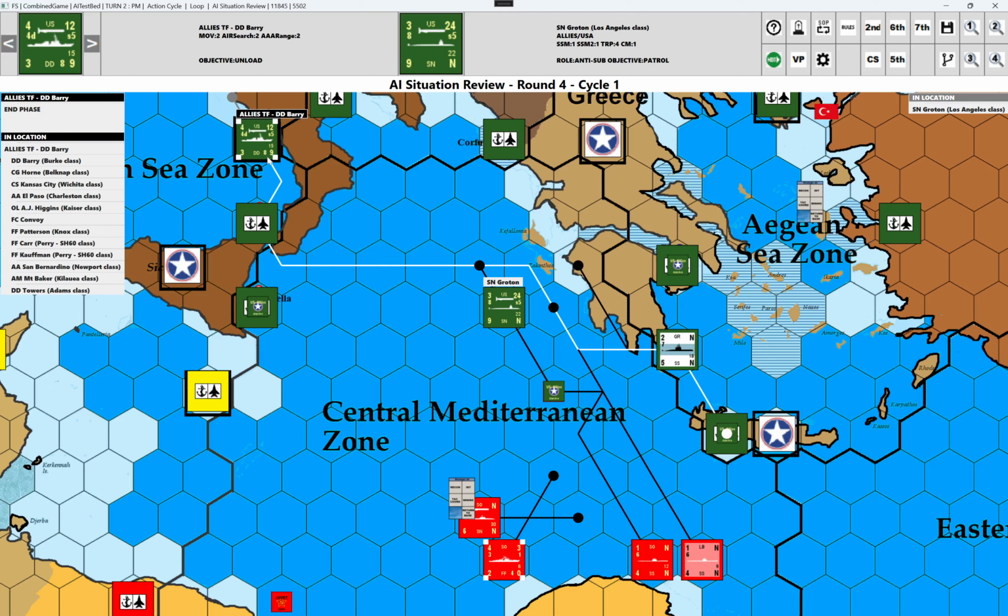And I try to keep the path on a general straight line. So if this didn't have to get around the boot of Italy, it would just go straight like that toward the place. So anyway, I'm just excited to tell you guys about all the stuff underneath the covers, if any of this is interesting at all.